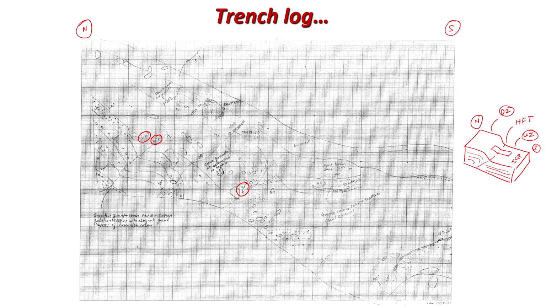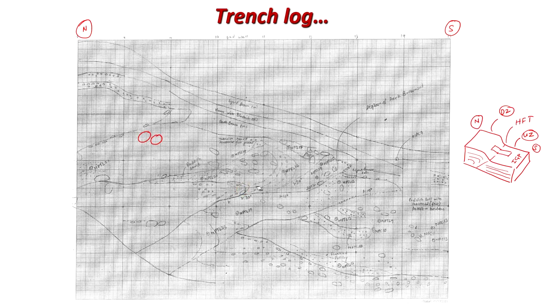So the next step, after identifying your contacts: this contact is a depositional contact. Further, this also is a depositional contact, and here what we see are all tectonic ones.